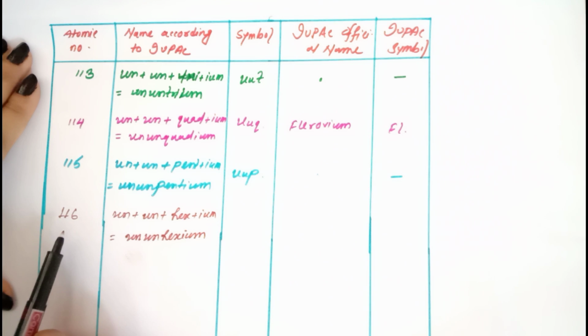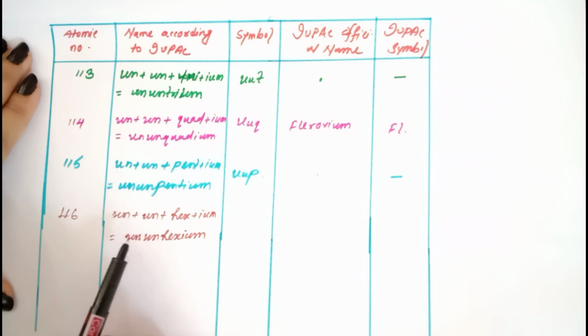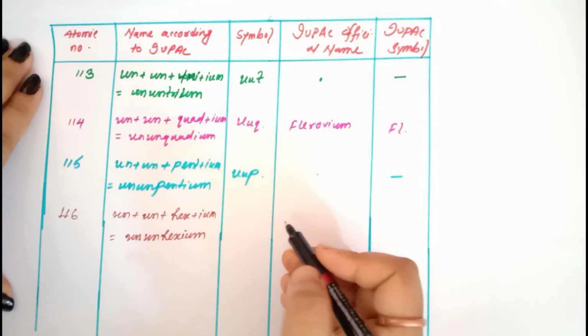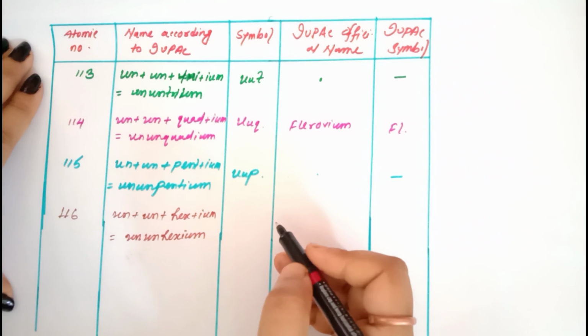Similarly, the element having atomic number 116 is named Ununhexium, symbolized as Uuh.